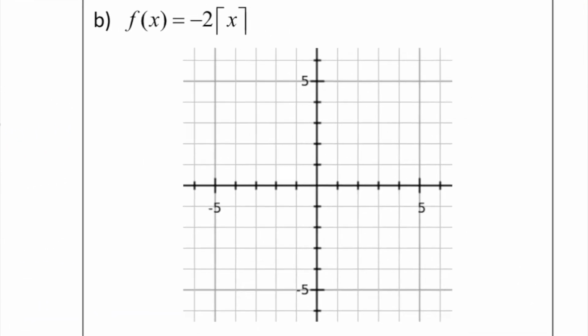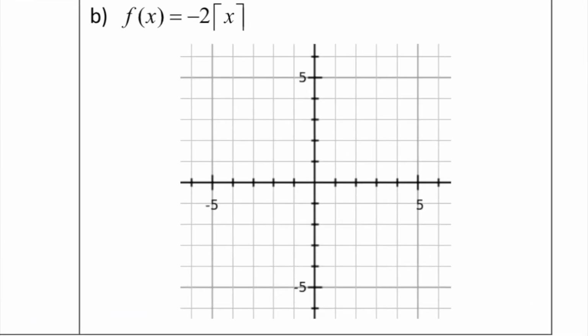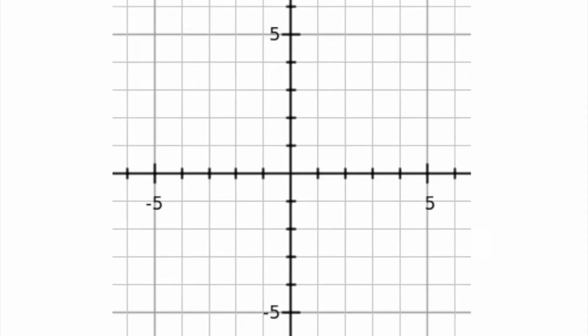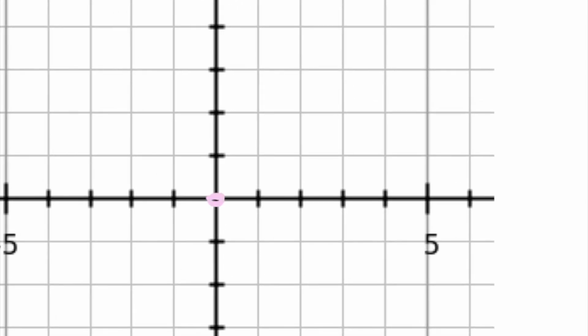And again over here, I hope that I have successfully spliced the Desmos video in before you hear me saying these words. So remember that this is both a flip and a stretch of the ceiling function. The ceiling function still has its closed circles.